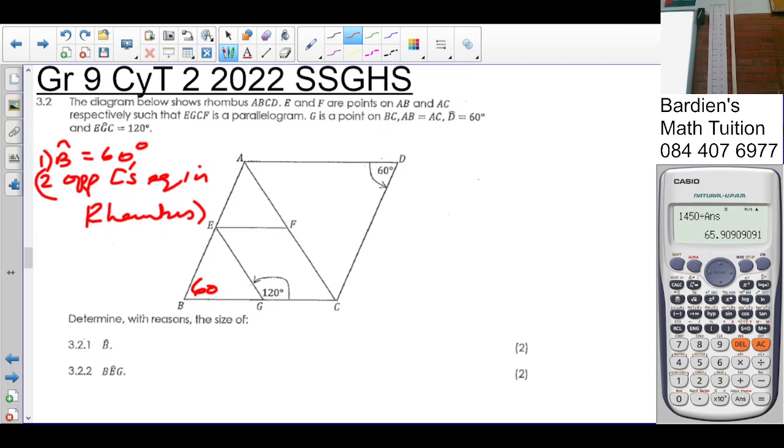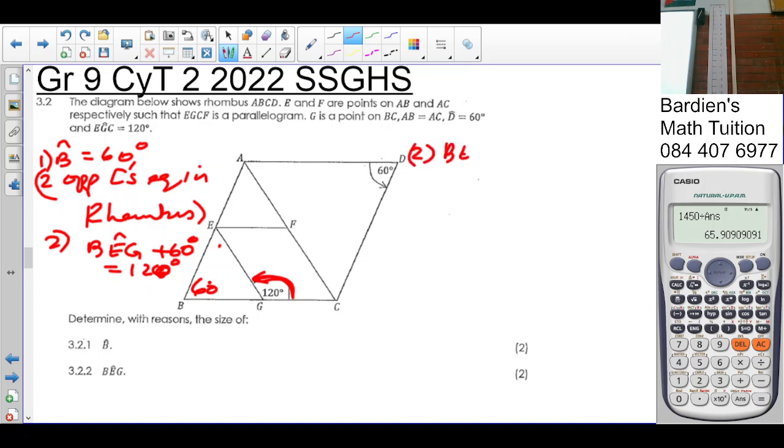Right. Now the question is to calculate BEG. Now you see this exterior angle is known here. Exterior angle is equal to sum of 2 interior opposites. Okay? So BEG plus 60 degrees equals 120. Let me just write it here.